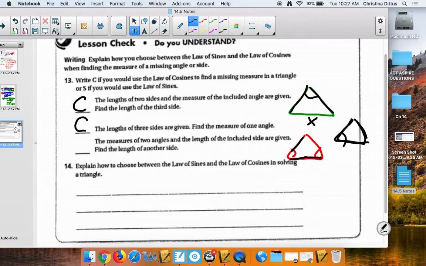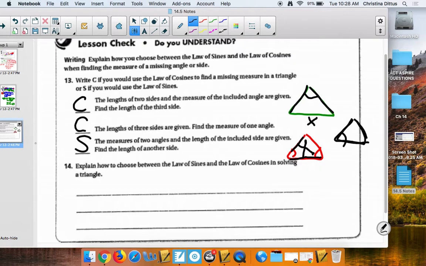What do you think I should use? Sine. To solve this one, I have this angle across from this side, missing the angle across from here, but what do I know about triangles? Is it easy to find this angle? Yeah, just subtract the other two from 180. So that one's really easy to get.